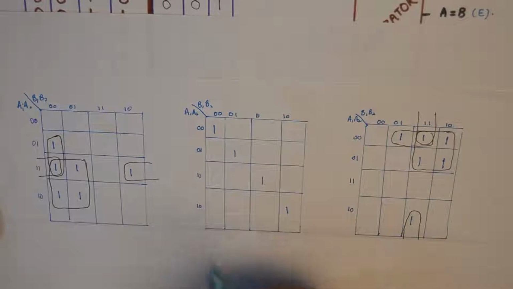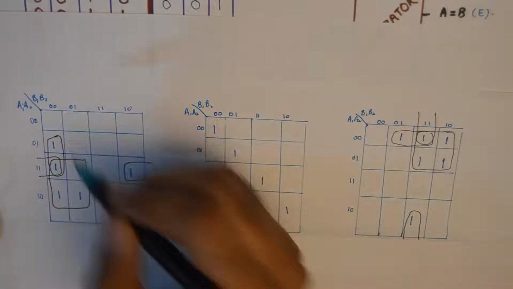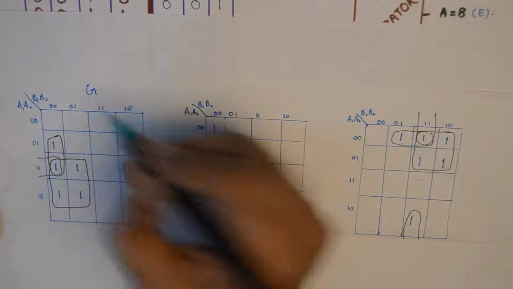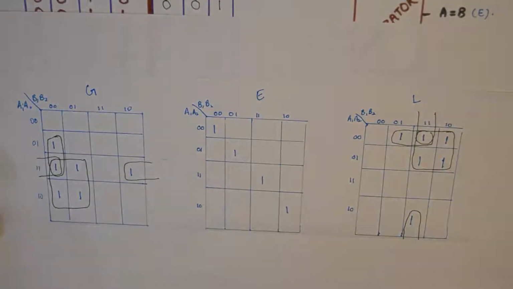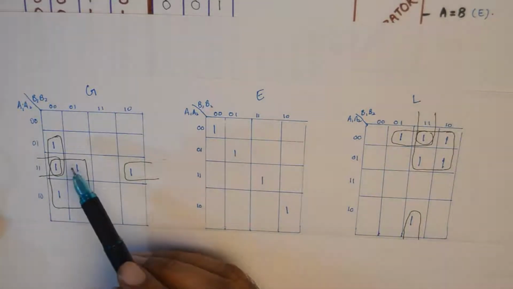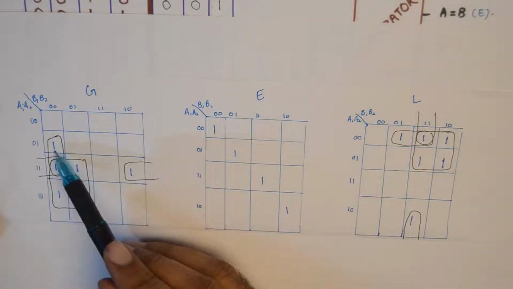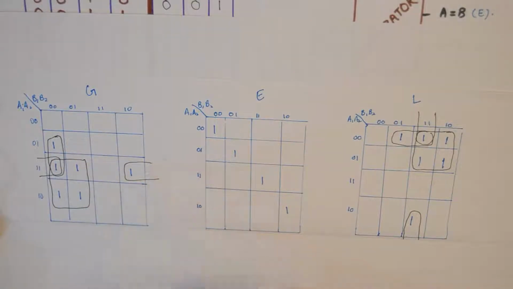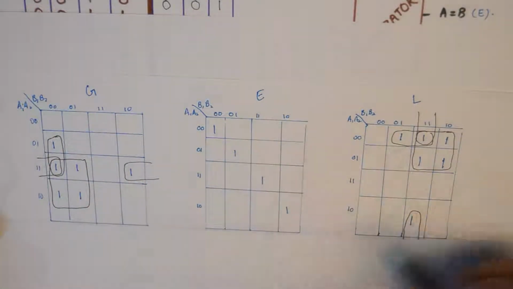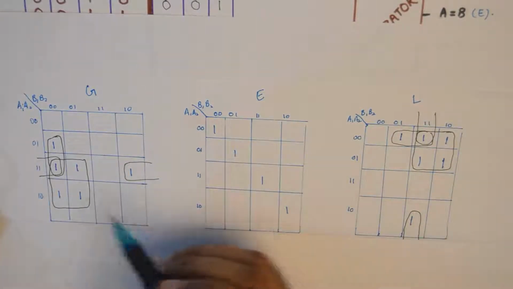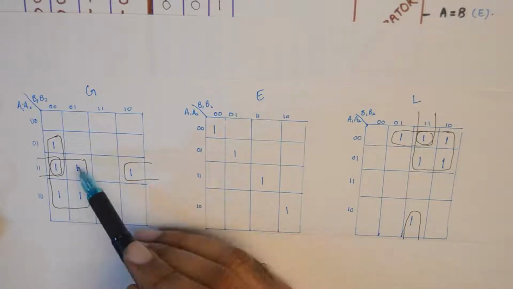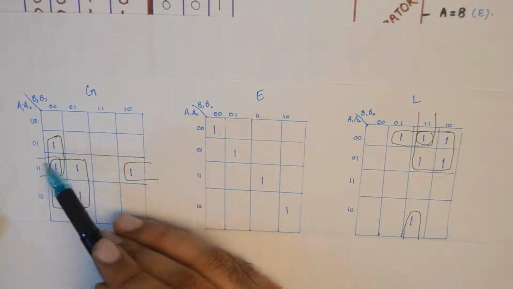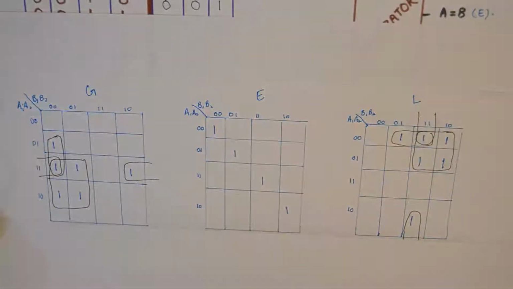From the truth table, we need to draw 3 K-maps, one for G, one for E, and one for L output. Now I already have inputted the values of ones in their appropriate boxes in the K maps for G, E and L. As you can see, for ones occurring in these boxes, we'll need to form three product terms so that all the ones are featured.